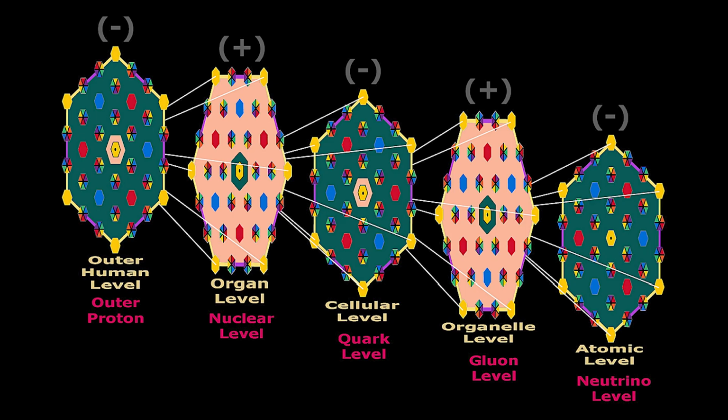So if you, with your outer self, eat a hamburger, your organ level is going to use its positive energy to take the hamburger and distribute a bunch of mini hamburgers to all the cells that want one throughout the body.